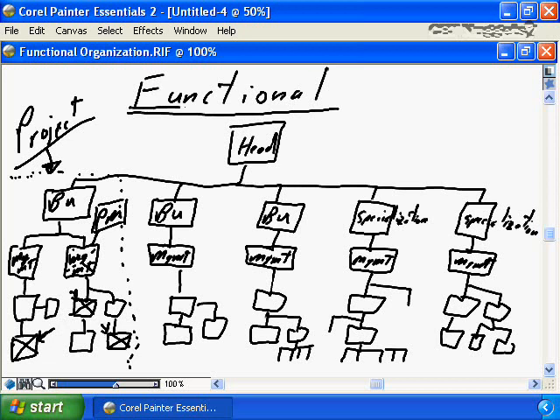The key to project delivery, as I said, in a functional environment is the project is traditionally delivered within the business function. So this business unit manager retains ownership, retains responsibility for the project, and identifies the entire project team within his or her specific business unit.